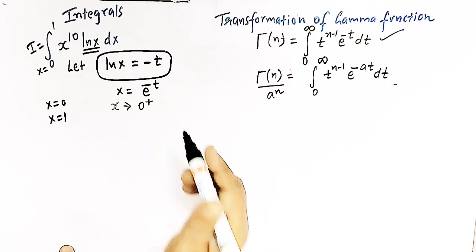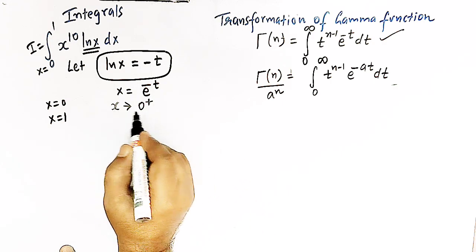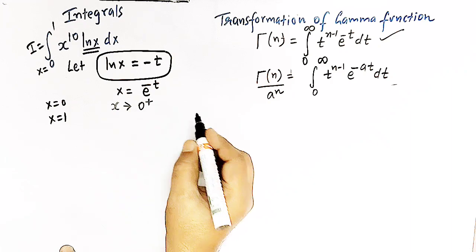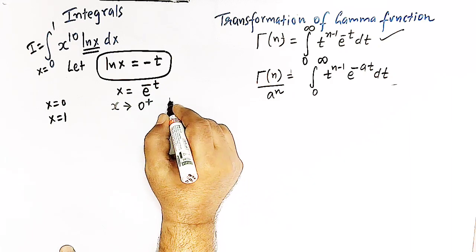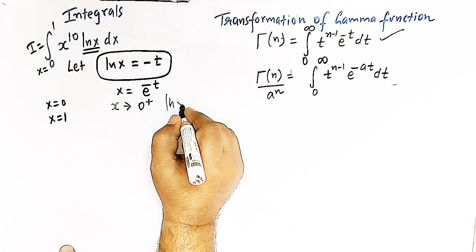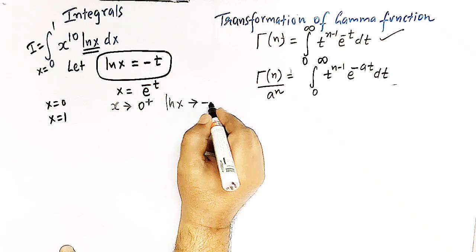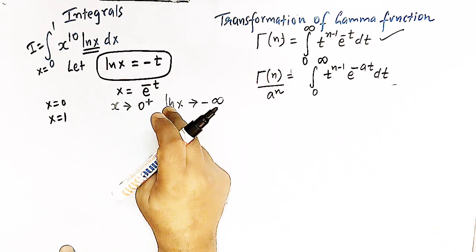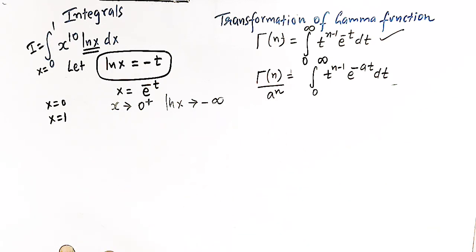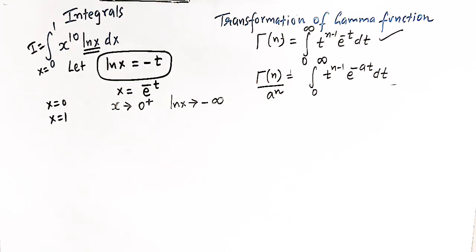When x approaches 0, logarithm of x tends to minus infinity, and this is quite evident from the graph of natural log of x.